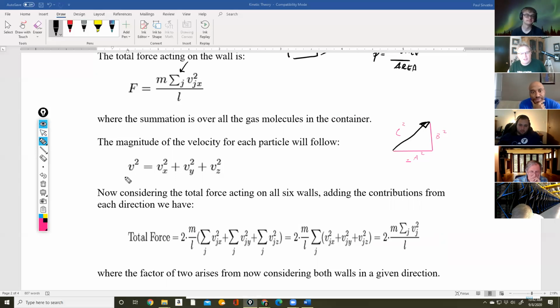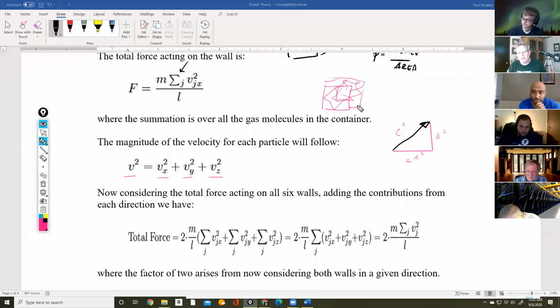So the velocity squared is the sum of the squares of the different components, in this case you could think zonal, meridional, and vertical, of the velocity of the molecule. The molecule is actually moving around in 3 dimensions, bouncing up and down on the different walls.